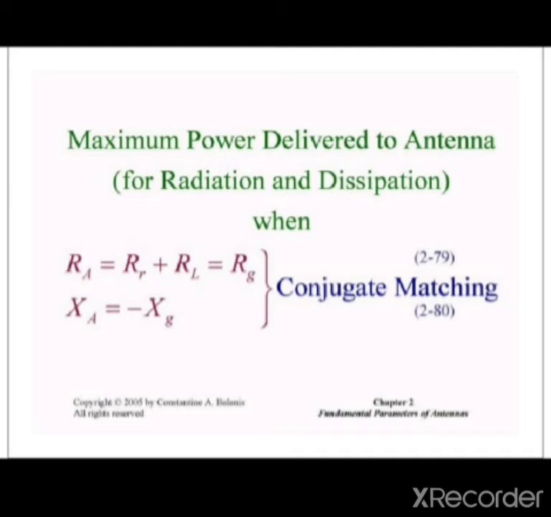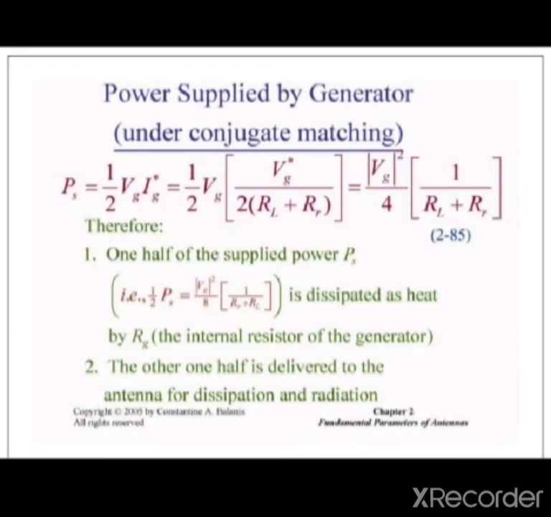So we take Xa equal to minus Xg. This is the condition. Then the radiation efficiency is RR by RR plus RL. That means the efficiency of the antenna is the ratio of the radiation resistance to the total resistance.